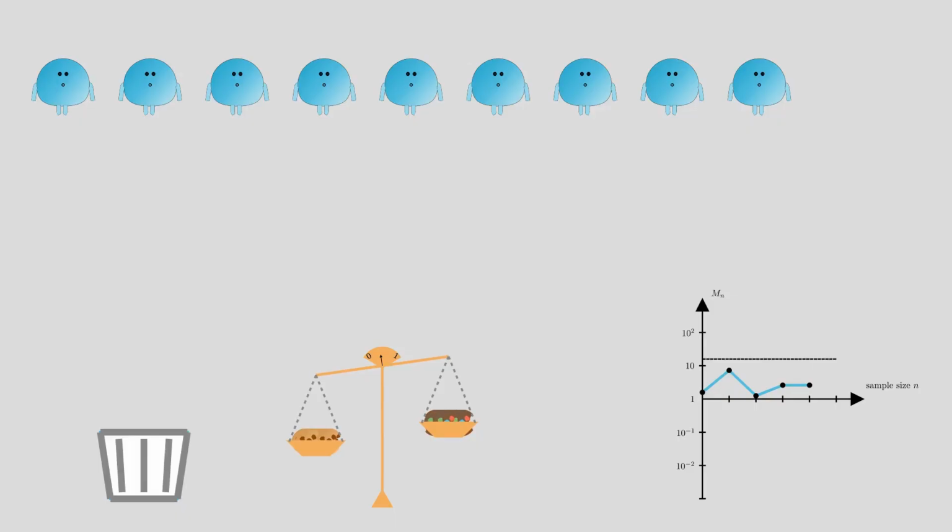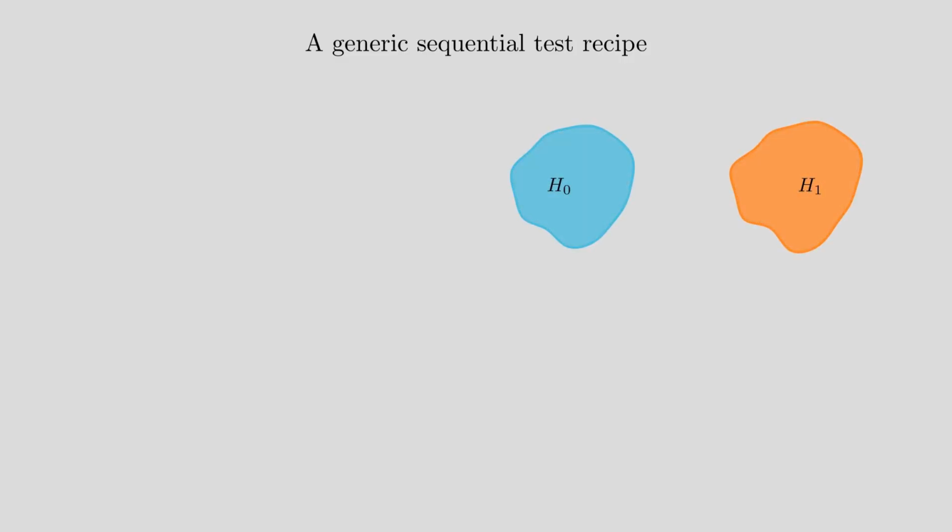So, what have we learned? Whenever we want to conduct any tests, we start by defining sets of distribution for H0, the null hypothesis, and H1, the alternative hypothesis. Then we can find the most confusing instances, the pair that are closest to each other.